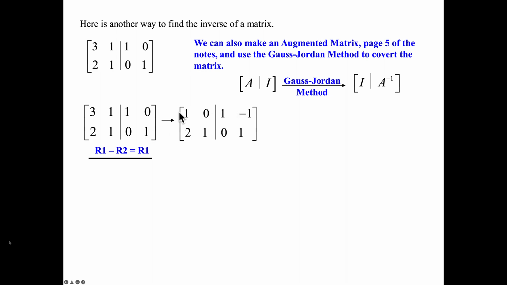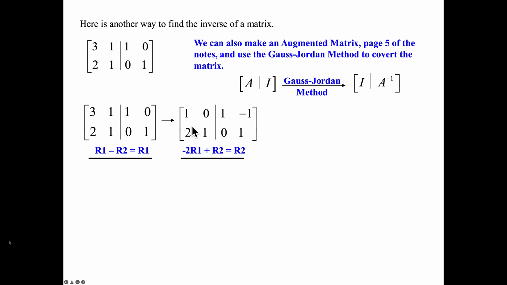Well, we're getting pretty lucky here. We've got the downhill diagonal of 1s. We've got a 0 here. All we need to do is turn this 2 into a 0. Hopefully we don't change this 1. So look to this 1, and we're going to multiply by the opposite of where we want the 0. The opposite of 2 is negative 2. So negative 2 times the 1 in row 1, add it back to row 2, and that's going to be our new row 2.